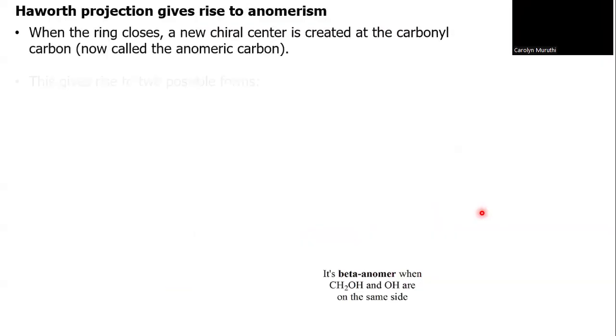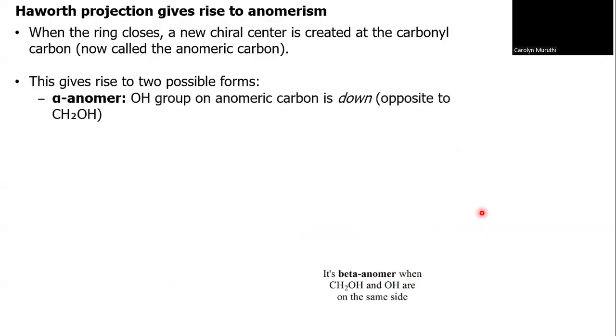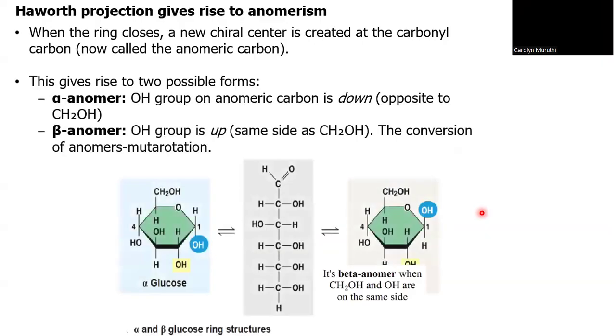One thing we need to remember, Haworth projection will give rise to anomerism, which we've looked at. And this is what you say, that when you are talking about alpha anomer, the hydroxy group on the anomeric carbon is opposite to carbon number 6, that is CH2OH.